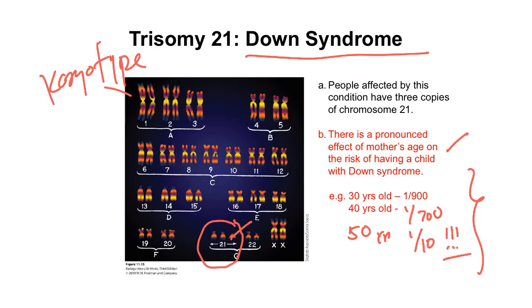And then, of course, during maturity, every year, these primary oocytes that get arrested then enter and complete meiosis. So there is a huge delay or gap between prophase 1 and the ensuing stages of meiosis, that the risk of having a defective spindle microtubule is very high in females.